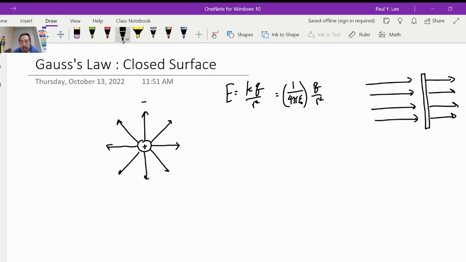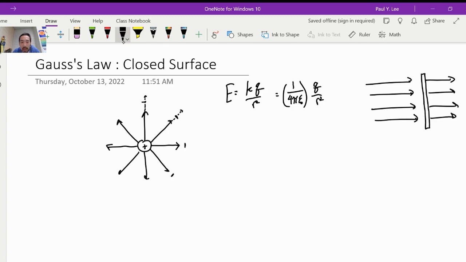That teeny tiny window will have this E field going through it, pop, pop, pop, pop. But you might be thinking, wait a minute, there are more E fields from this point charge, and you'd be right. So I would draw a teeny tiny window here, with this E field going through it, and we just repeat this process.